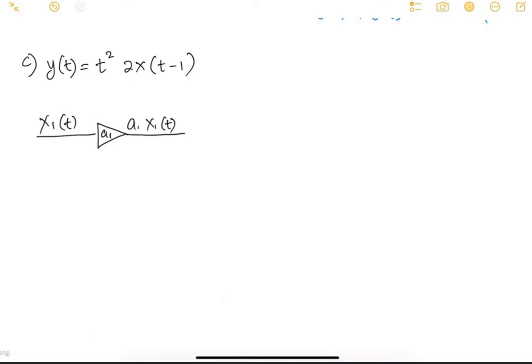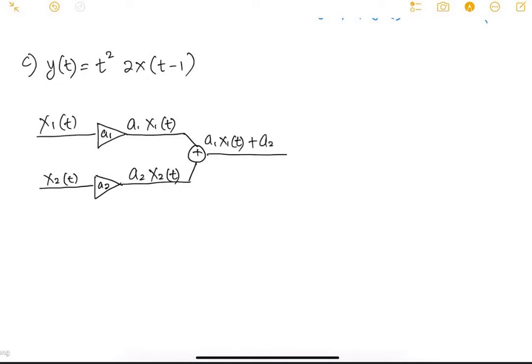Another input x2(t) is inserted into a constant to get a2 x2(t). Both signals are summed up to get a1 x1(t) plus a2 x2(t).